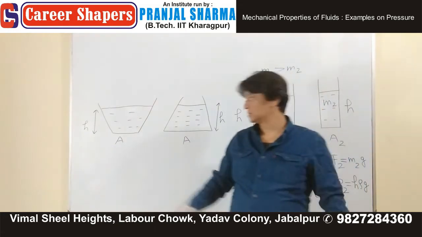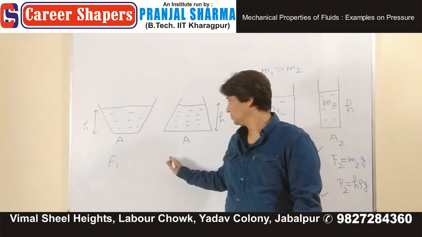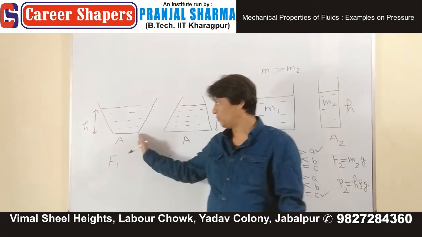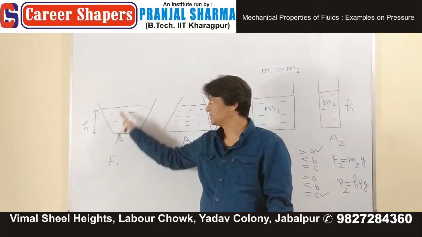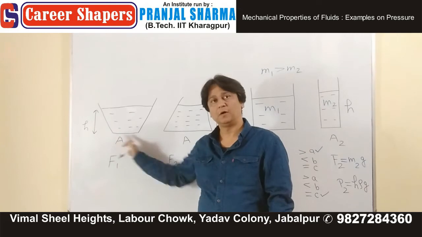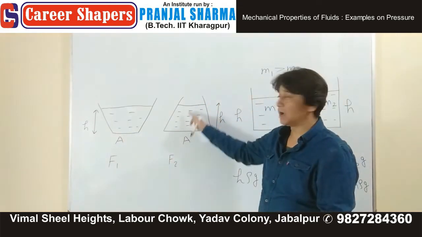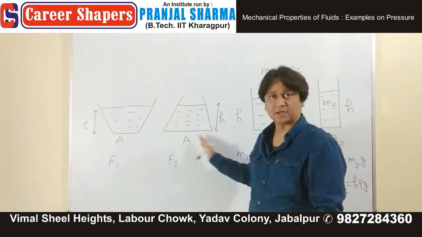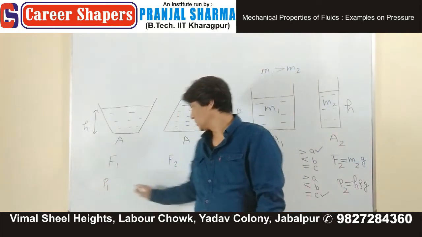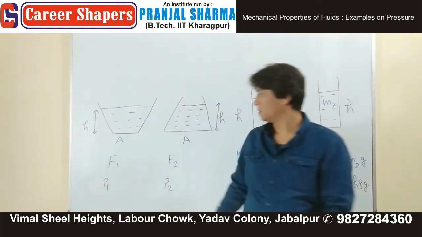Again answer this, the relation between F1 and F2. What is F1? Force exerted by the liquid at the base of the beaker. Force exerted by the beaker at the base, and P1 and P2.